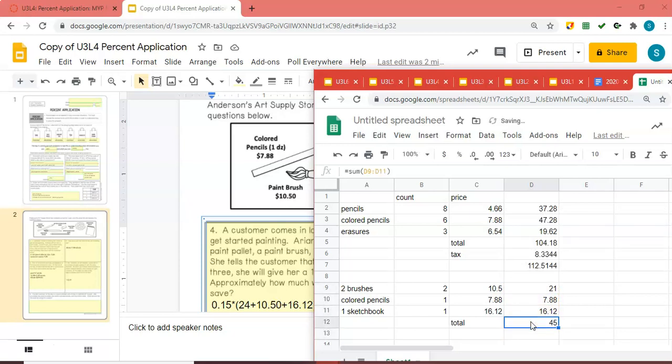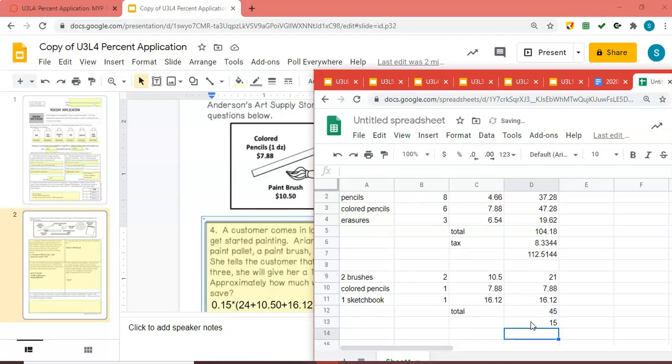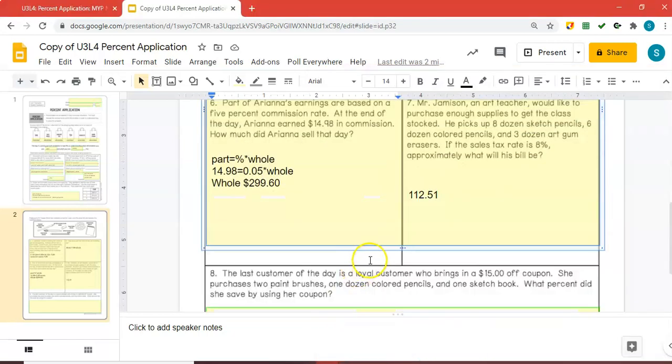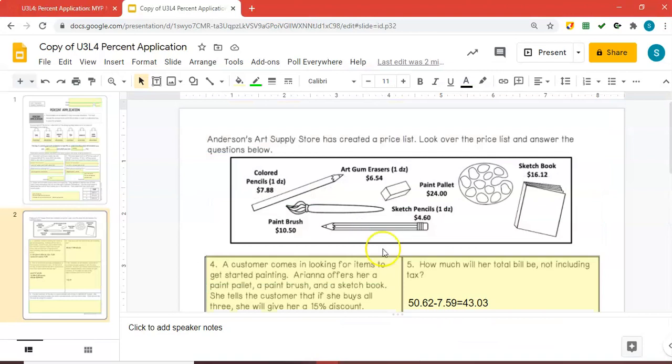And again, I'm using that fancy word sum, which means I just add up all the numbers. And so she spent $45, but she had $15 off. So let's figure out what 15 divided by 45 is. So it looks like she got a 33% discount. Well, 33 1/3.